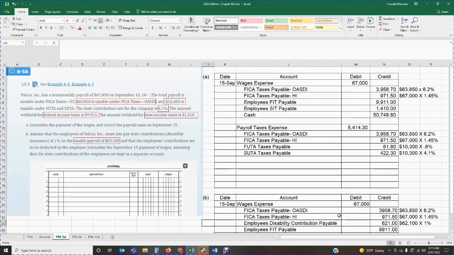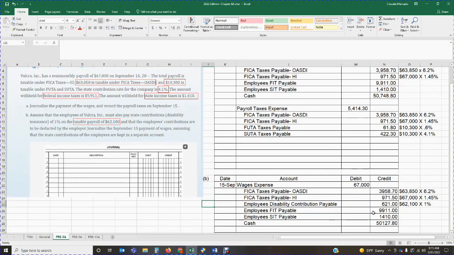The OASDI and HI are the same. Federal income tax and state income tax are the same. The only thing that we incorporated was that additional entry for my disability insurance.